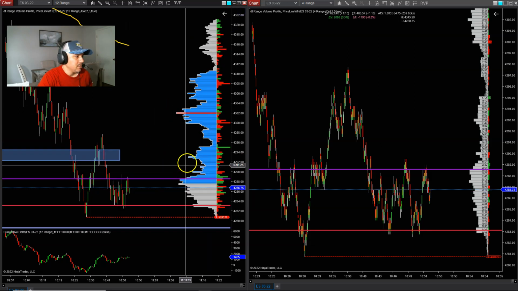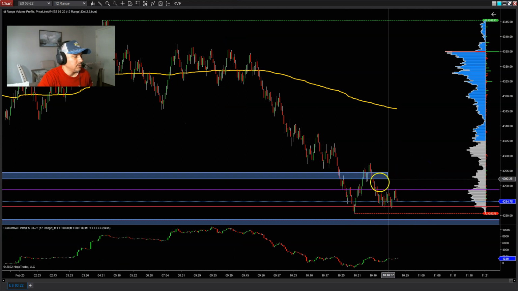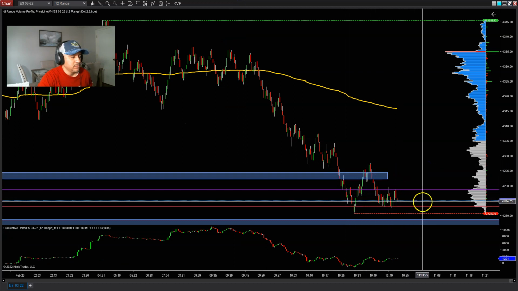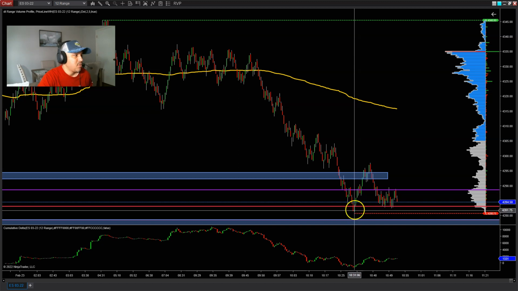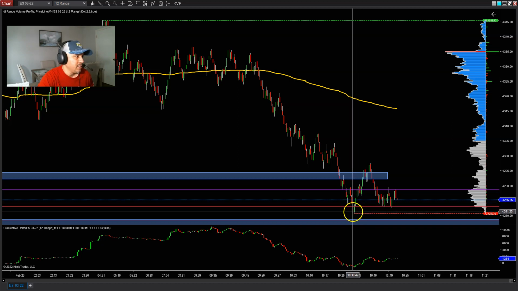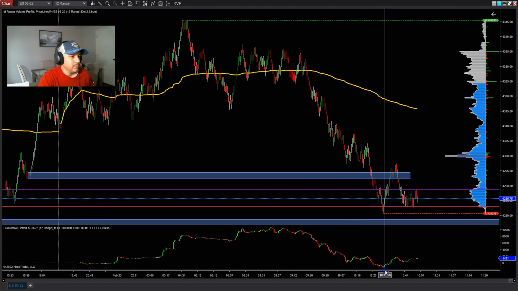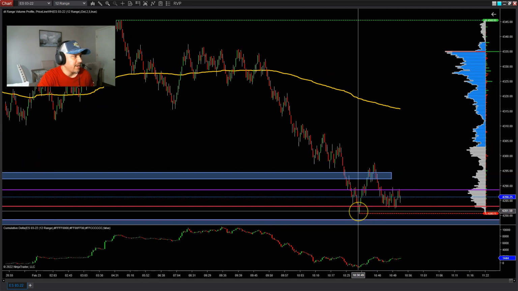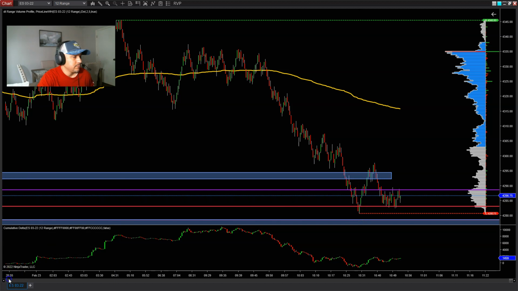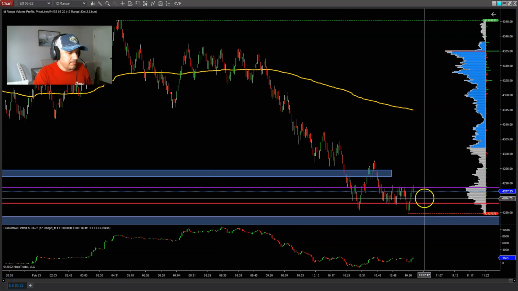So we have support sitting down here at the bottom. This is the bottom of the swing right here. Okay, have a low right here. So you see price is still bouncing off that area of demand down off that 1 hour, right?